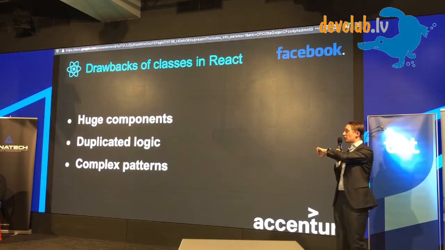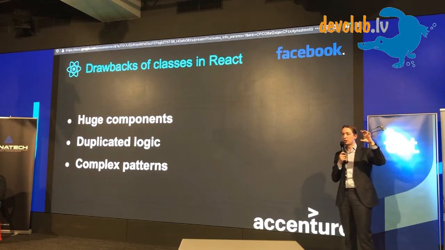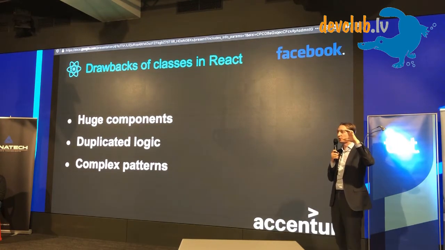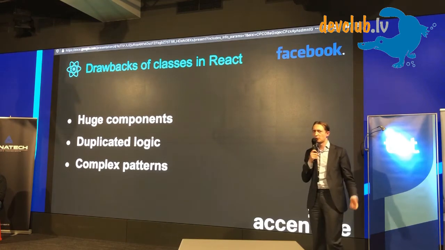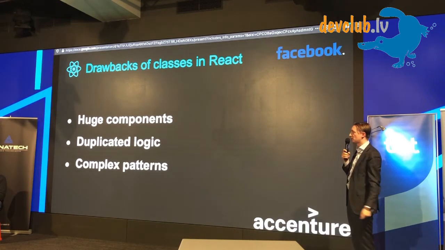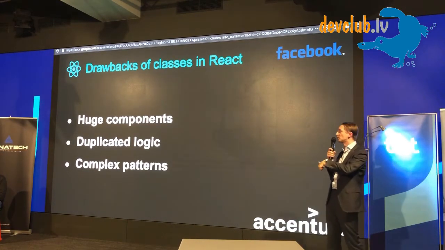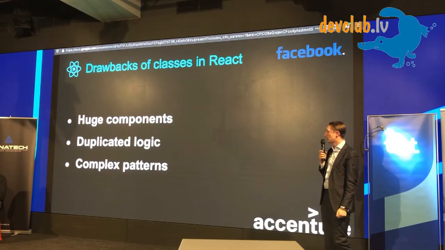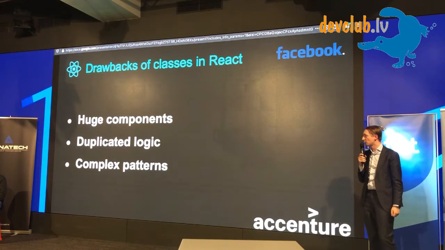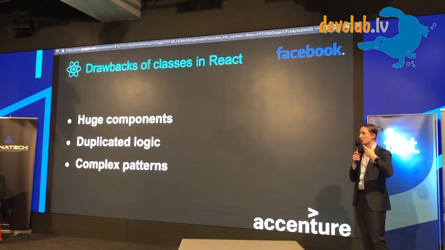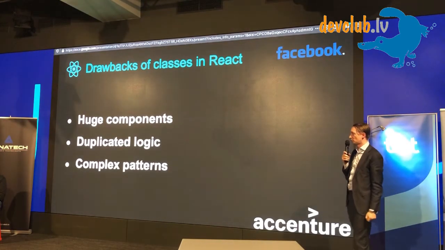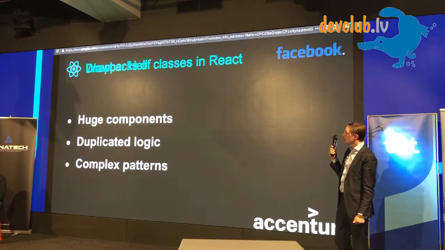Yeah, the duplicate logic part is also like we have to create the same bit of managing some specific states in multiple different classes, and then it's really hard to copy-paste all over the place, and then we forget to fix it in one place, and then we have bugs, so that's not cool. And then complex patterns, basically the whole lifecycle methods that we need to manage, again, that's also really a lot of things to do.